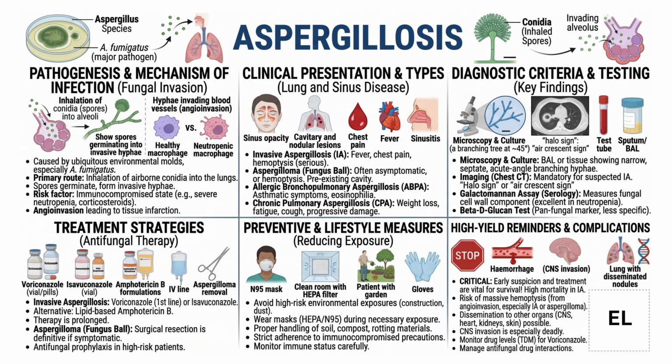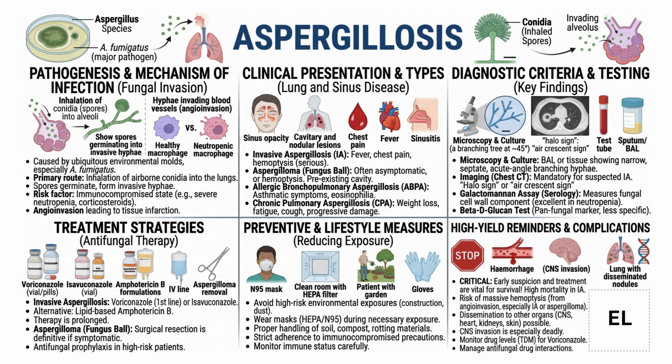Treatment is usually prolonged, often lasting several weeks to months depending on severity. For Aspergilloma, if the patient is symptomatic, especially with recurrent hemoptysis, surgical removal of the fungus ball may be required. In high-risk patients, such as those with severe immunosuppression, antifungal prophylaxis may be considered.